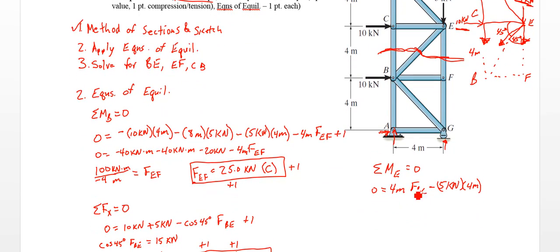So we can rearrange this here. We'll pull this 20 kilonewton meters to the other side. Equals 4 meters FBC. So we divide both sides by 4 meters. We get 5 kilonewtons equals FBC. Since that's positive, that means that's in tension.